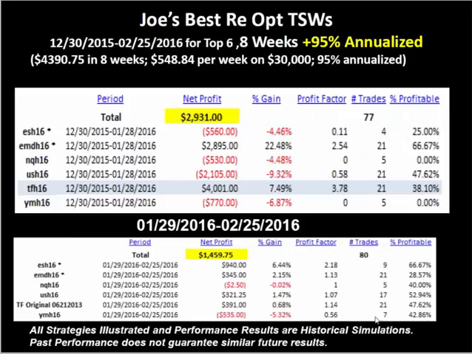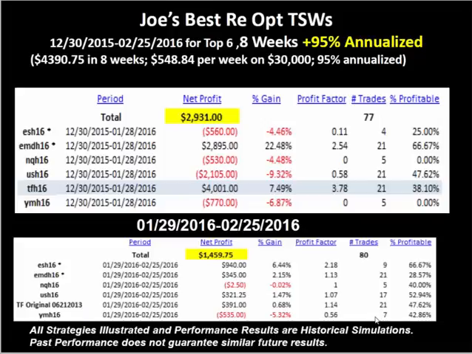Anyway, here's Joe's Best re-ops, and these are the ones that, I say, if you're going to trade a varied portfolio, you want to have multiple systems and multiple markets, then this is one way to go. This is trading one of each of Joe's Best, and in January they made 29.31, and in February they made 14.59. Together, that's $43.90 in 8 weeks.